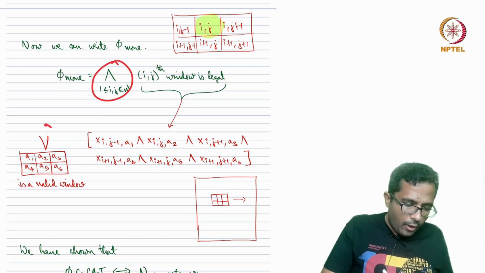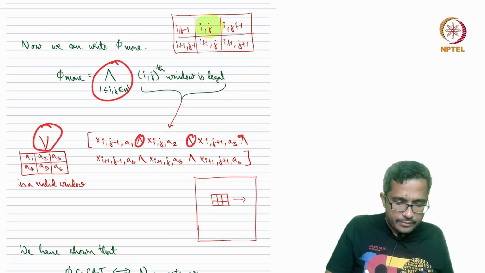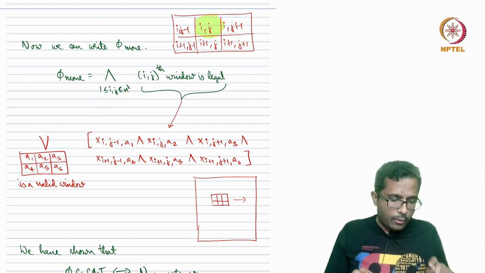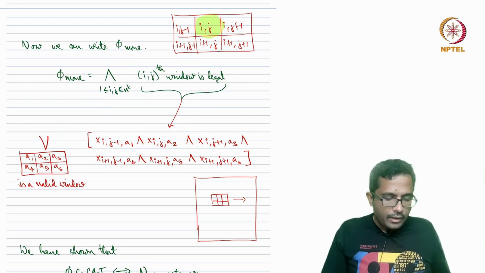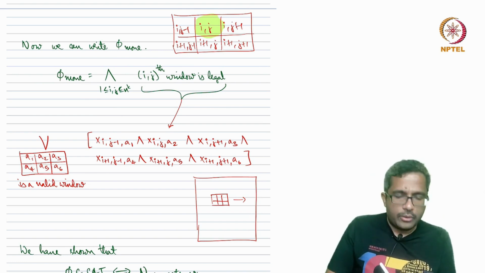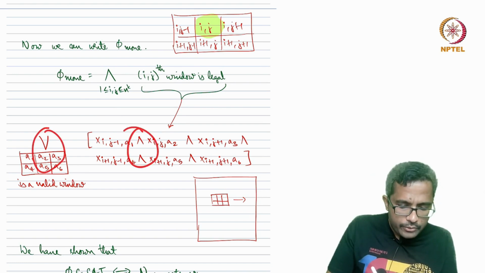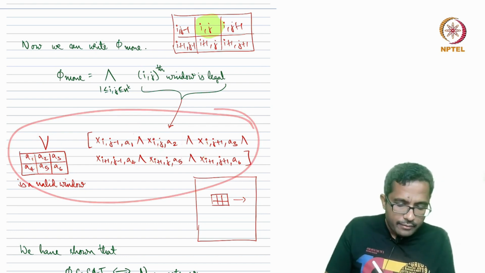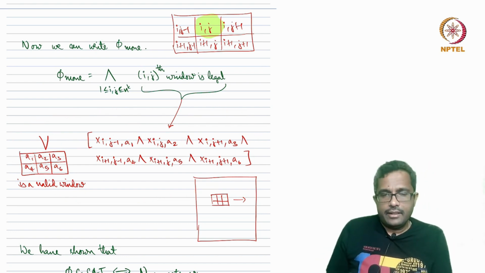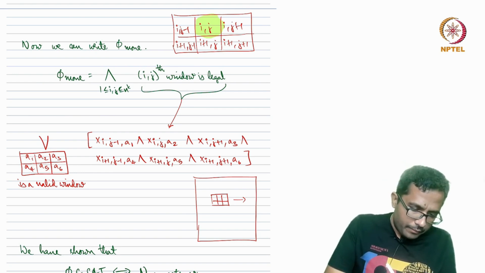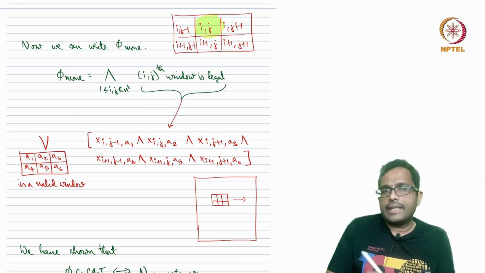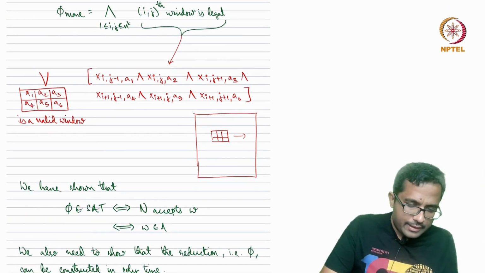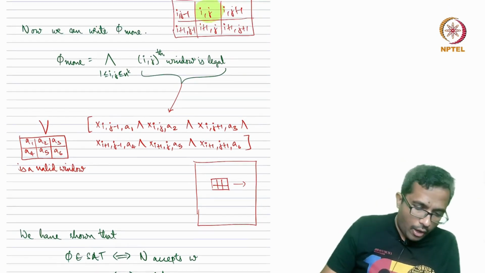Now phi move is an AND of ORs of ANDs. What we can do is, OR and AND we can distribute over each other. So this OR of ANDs, we can write it as an AND of ORs, therefore getting an AND of ORs, which again will become a CNF instance. So here we need to use the distributive property of OR over ANDs.